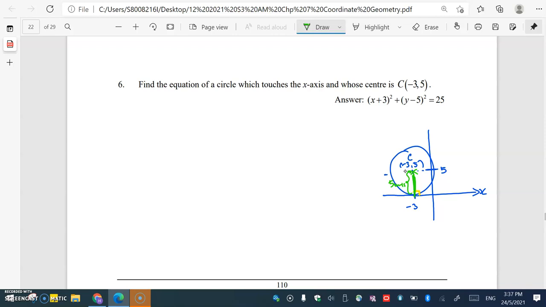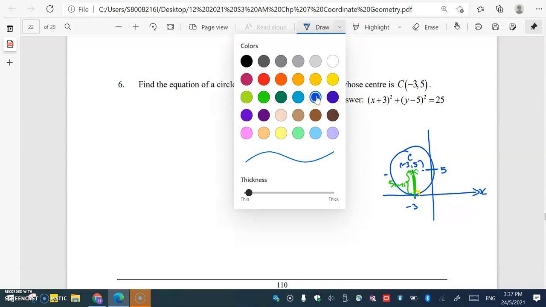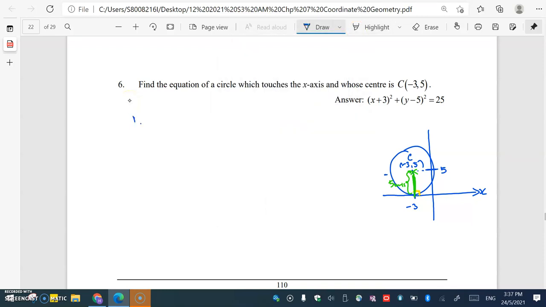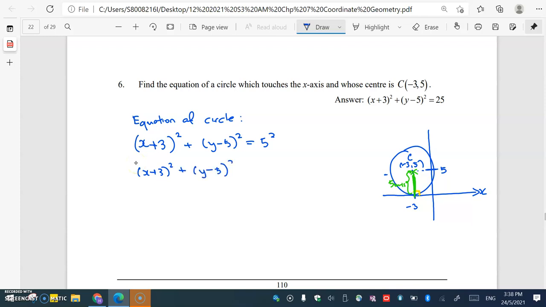You're telling me that the radius is actually 5 units. Therefore, the equation of the circle is x minus negative 3 squared, plus y minus 5 squared equals 5 squared, the radius of the circle. You should give your answer in this manner.